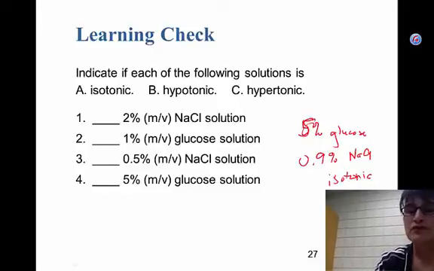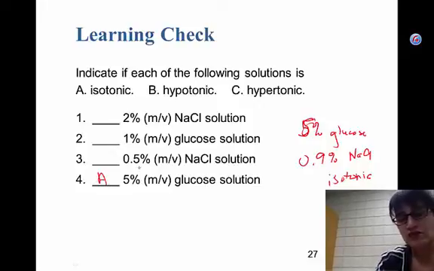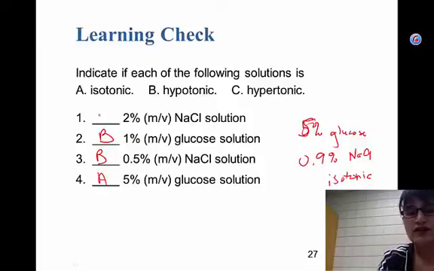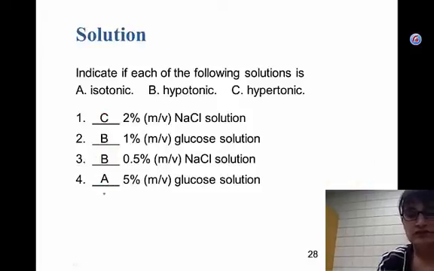All right, so I can tell right here, this one, 5% glucose, that's the same. So that's got to be isotonic. Okay, we'll just go backwards here. 0.5% sodium chloride, I'm supposed to be 0.9. So 0.5 is lower, so that means it's hypotonic. 1% glucose, 1 is less than 5, so again that's hypo. And then 2% sodium chloride, 2% is greater than that, so that means that one's going to be hypertonic. So those are the answers that we found.